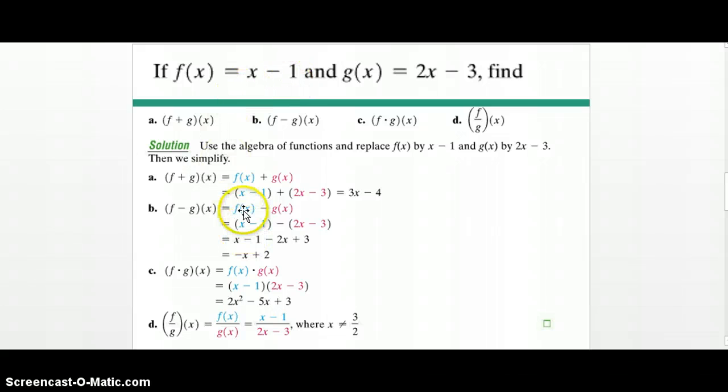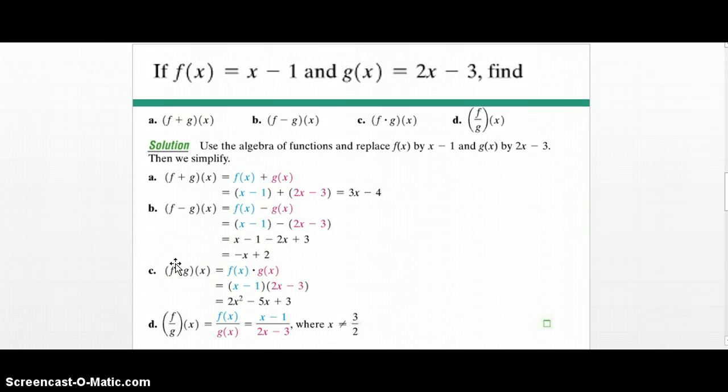Substitute for f of x. 2x minus 3, substitute for g of x. x minus 1 minus 2x plus 3. Negative 2x and x are like terms. Subtract them, we get negative x, negative 1 plus 3 equal to plus 2.